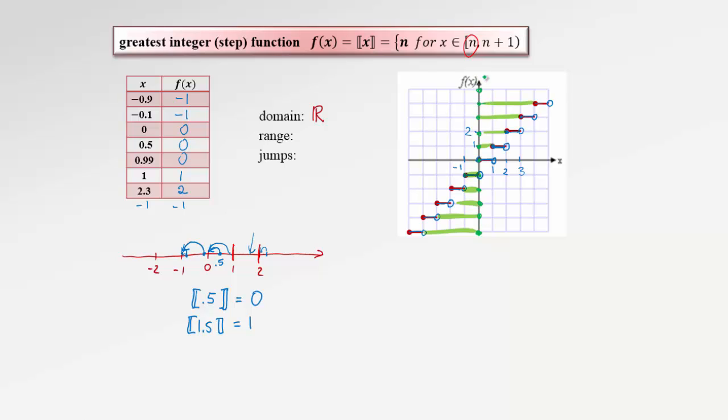They are discrete, they are not connected. However, we have a nice letter that describes this. It's just a letter Z. The set of all integers, that's the range. And the jumps happen every time we hit an integer. So we can say at all integers.